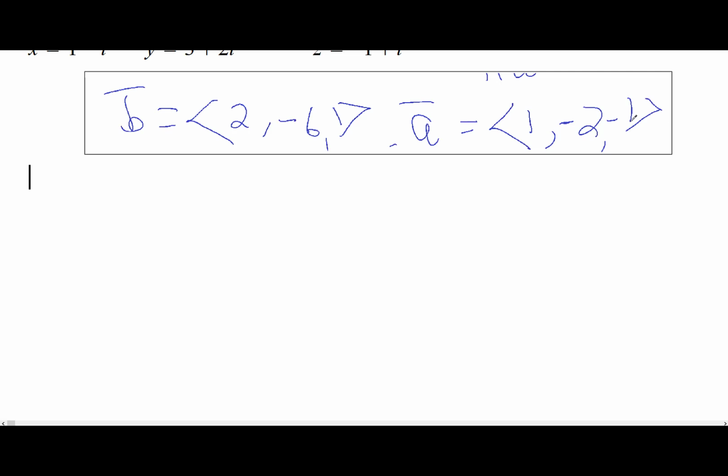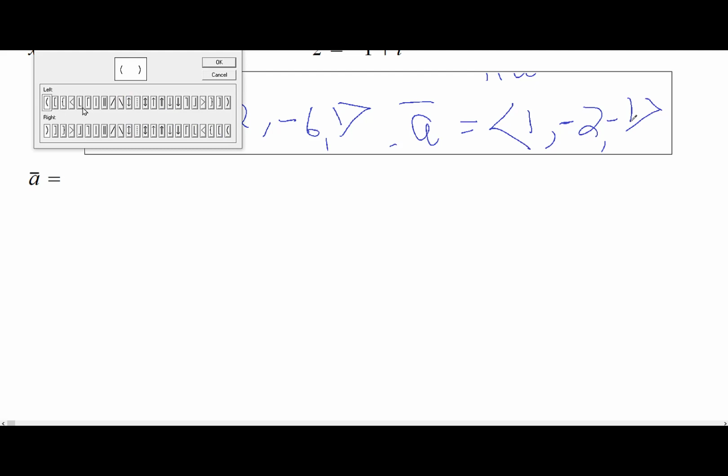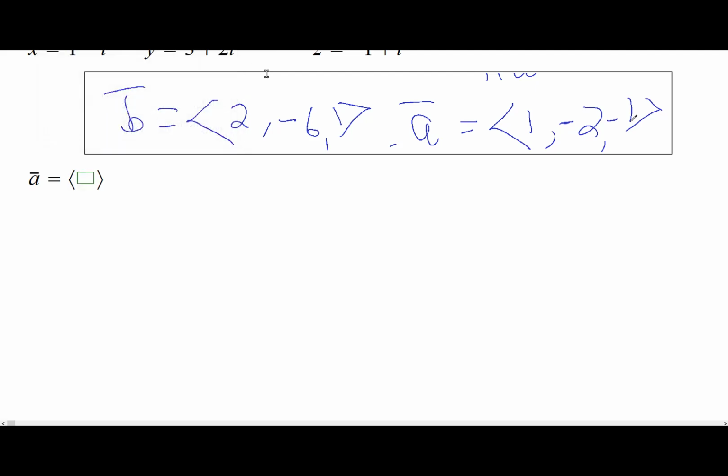My vector A is 1, -2, -1, right? And B is 2, -6, and then 1.